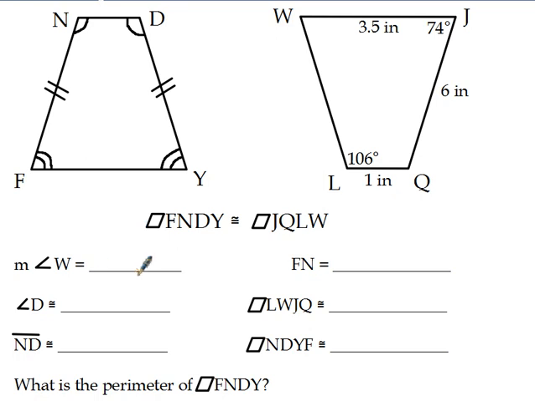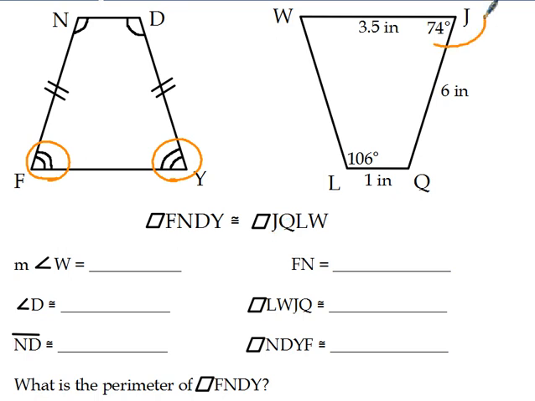So if I look up here at W, first of all, I can see that W is going to be with Y. Well, neither W or Y right now has a measure there. But I can see that Y is congruent to F. Y and F are the same. Well, that means that if Y and F are the same, then W and J are the same.